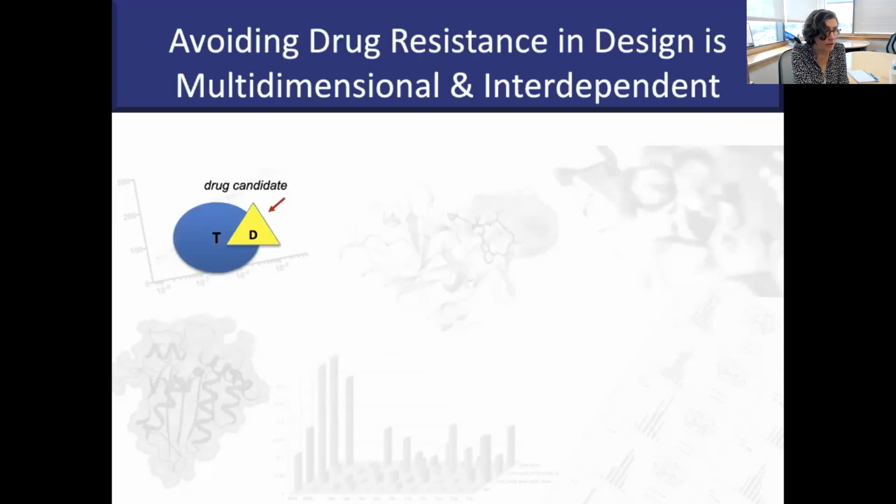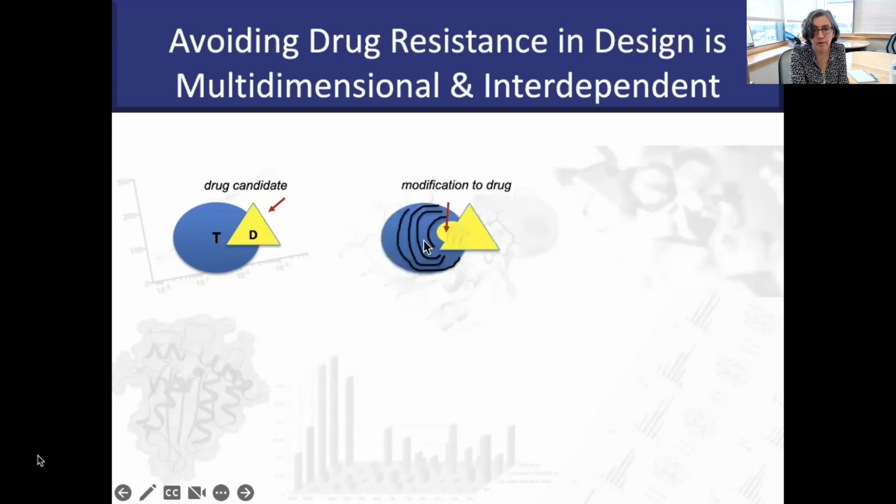And I think just taking a quick step back, to avoid resistance in design, we have to really realize that it's multidimensional and interdependent. And if you think about your drug target interaction, you need to think, if you change your drug, what the modification of the drug implies throughout the target. It may not just be a local effect. A mutation in the active site can impact the drug binding, but also can propagate through the enzyme.